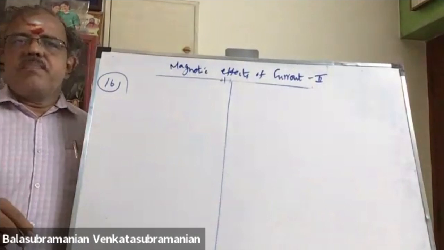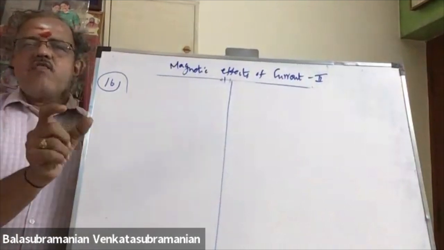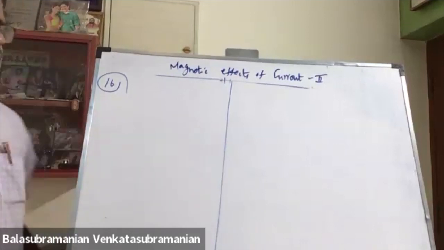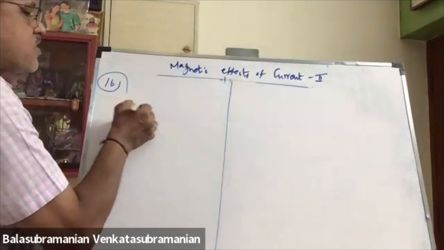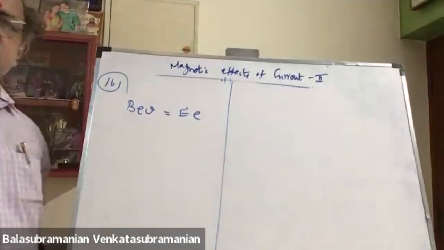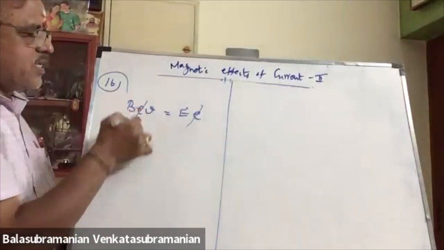Undeflected. The basic concept: when it is moving undeflected, electric field force and magnetic field force both are equal. So BqV sin 90 is equal to qE. Magnetic field force equals electric field force. q gets cancelled.